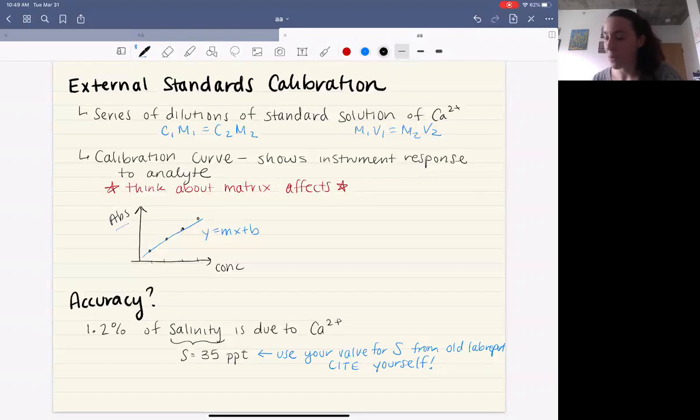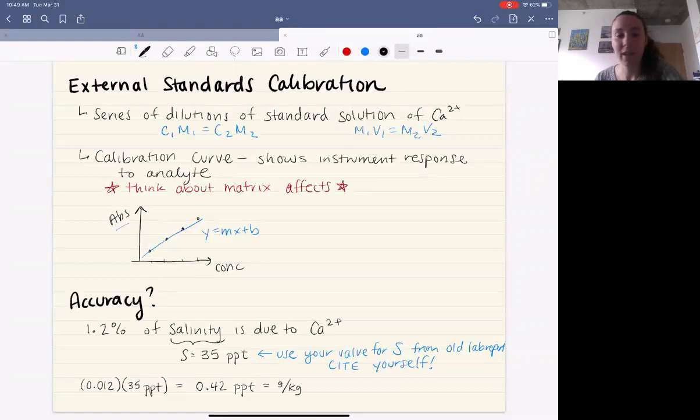Okay, so if 1.2% of the total salt content is due to calcium, that means 0.012 times 35 parts per trillion. That's 0.42 parts per trillion. And again, just breaking down units, parts per trillion is the same as grams per kilogram.